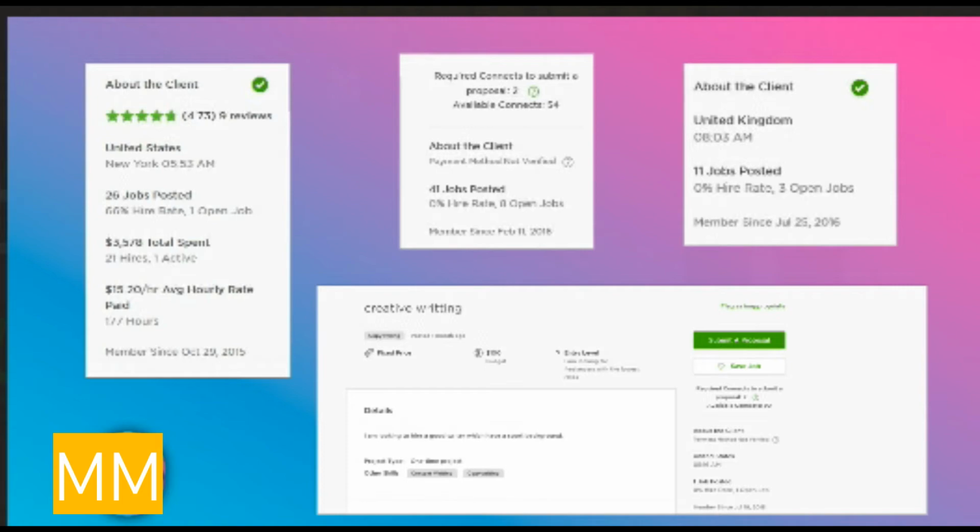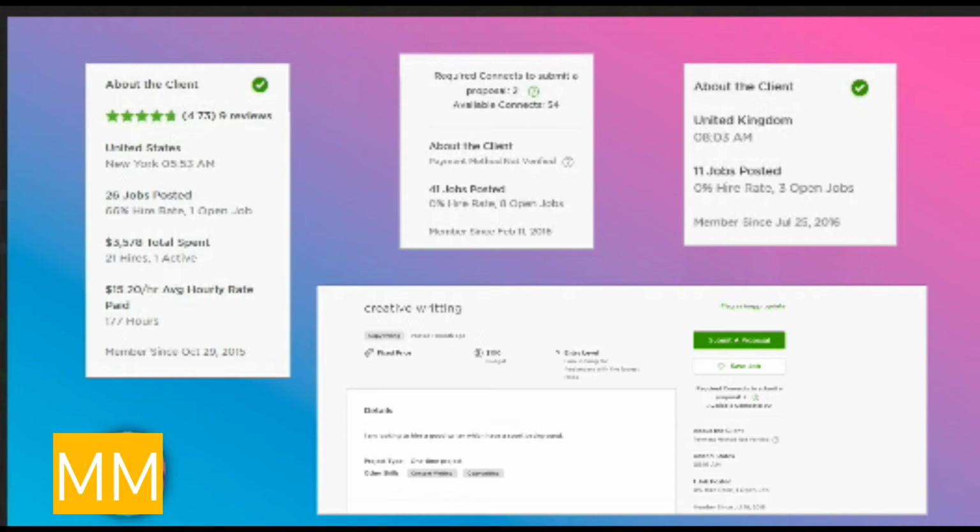And the next one is how many connects to submit a proposal. Usually you have 60 available connects, and each proposal takes 2 connects. So you can apply until it goes off, and don't worry about not getting accepted for a job after applying to 1 or 2. By 2, you have 30 chances of getting a job. So in a month you have 30 chances of getting a job.